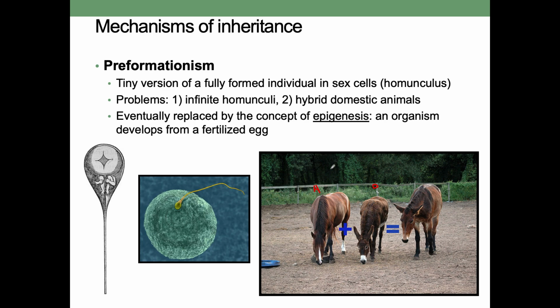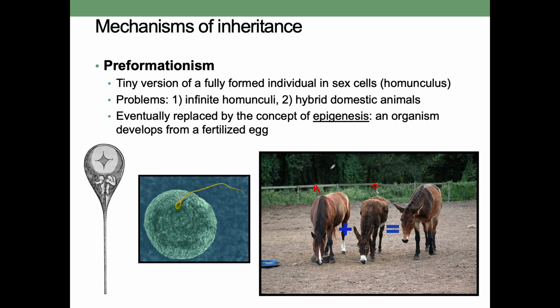You get a hybrid of the two parents. And in many cases, or actually, I guess we could say in all cases, they're not just carbon copies of the parents, right? They have a combination of characteristics from both. And in many cases, the hybrids are not able to have offspring of their own, right?